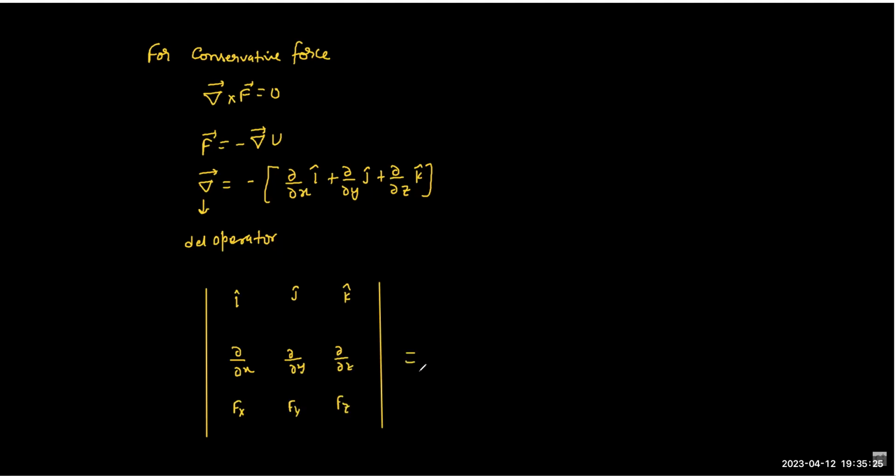So we calculate the determinant, and if the determinant turns out to be 0, we say it is conservative.